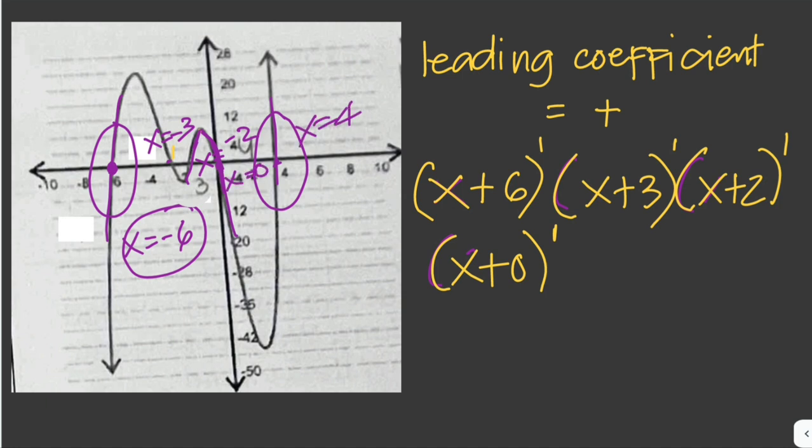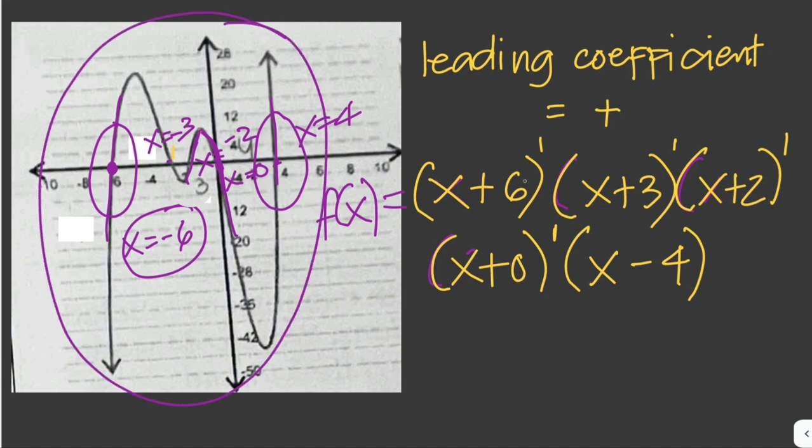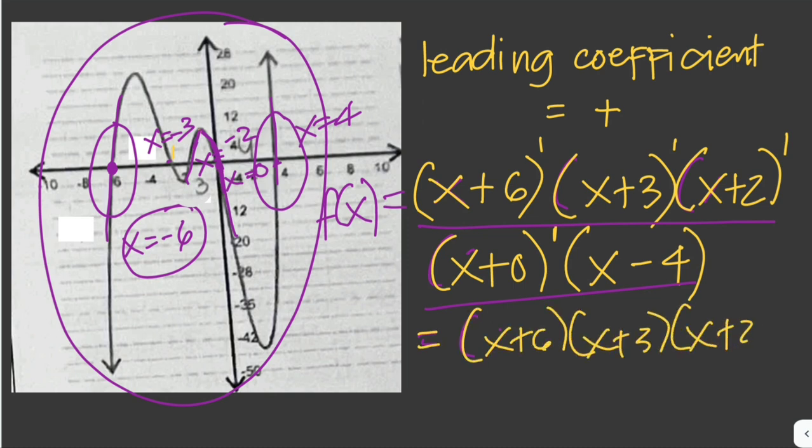So we can write that as x minus 4. So this is now the equation of the polynomial function, and the graph is this. So you can rewrite this as x plus 6 times x plus 3 times x plus 2 times x times x minus 4.